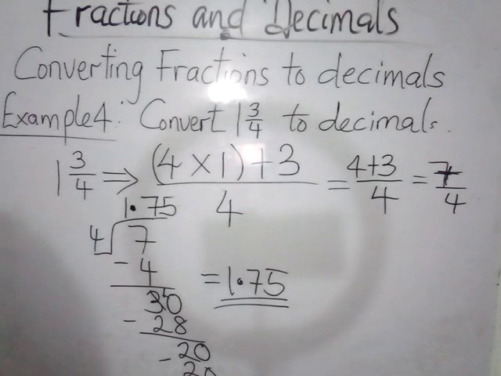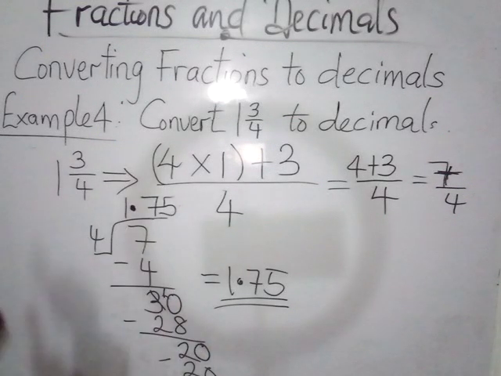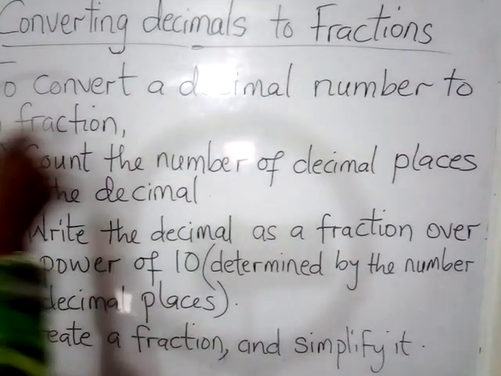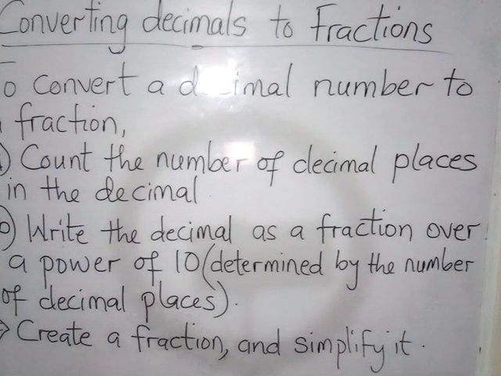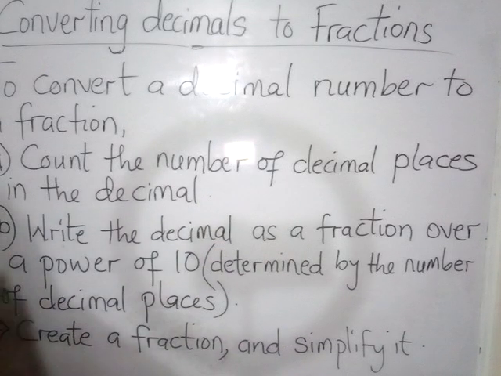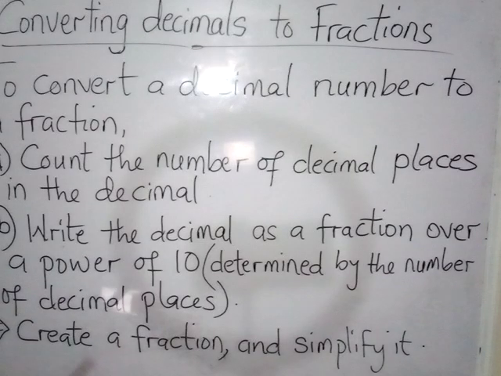So next, now we're going to move on to converting decimals to fractions. Okay, so to convert a decimal number to a fraction, there are some steps you need to follow, okay? Remember we just looked at converting fractions to decimals. Now we're going to look at how we can convert decimal numbers to fractions.